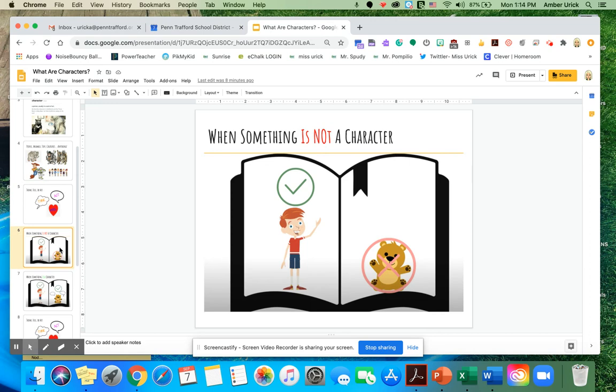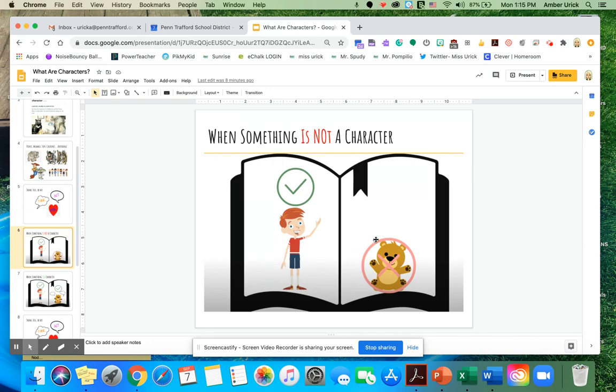So I'm coming straight back down here. When is something not a character then? So if I keep telling you that these characters need to think, feel, and act, if something is not a character, that would be when they cannot think, when they cannot feel, and when they cannot act.